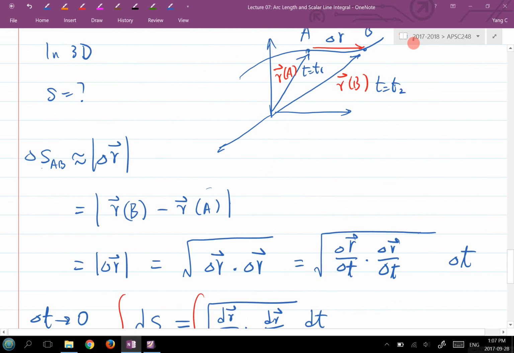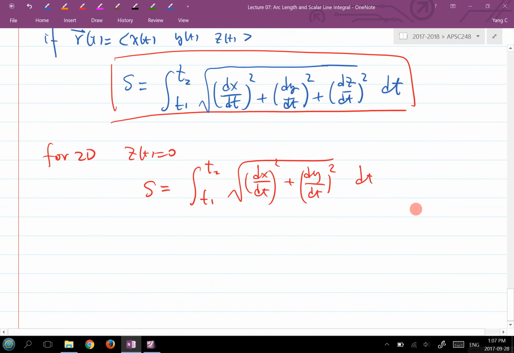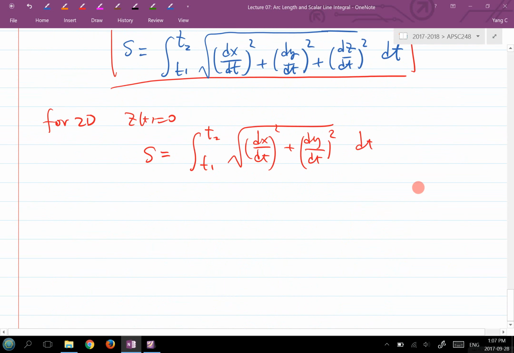If I write down the other one here, from A to B, the integral of the root of 1 plus df over dx squared, dx.